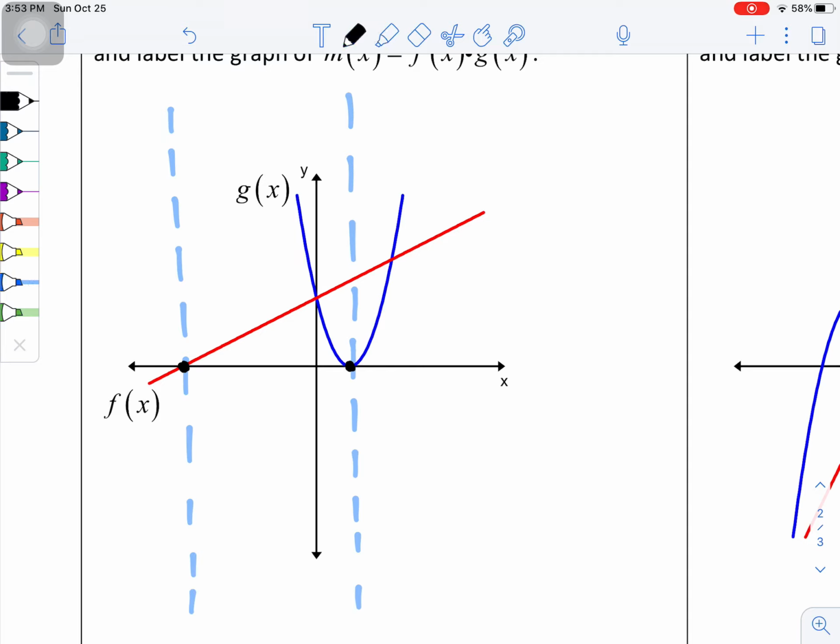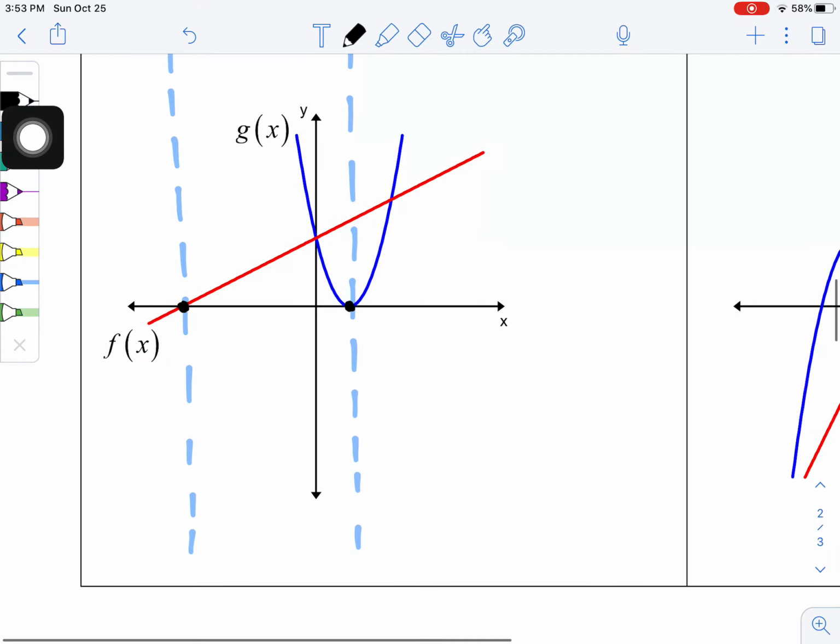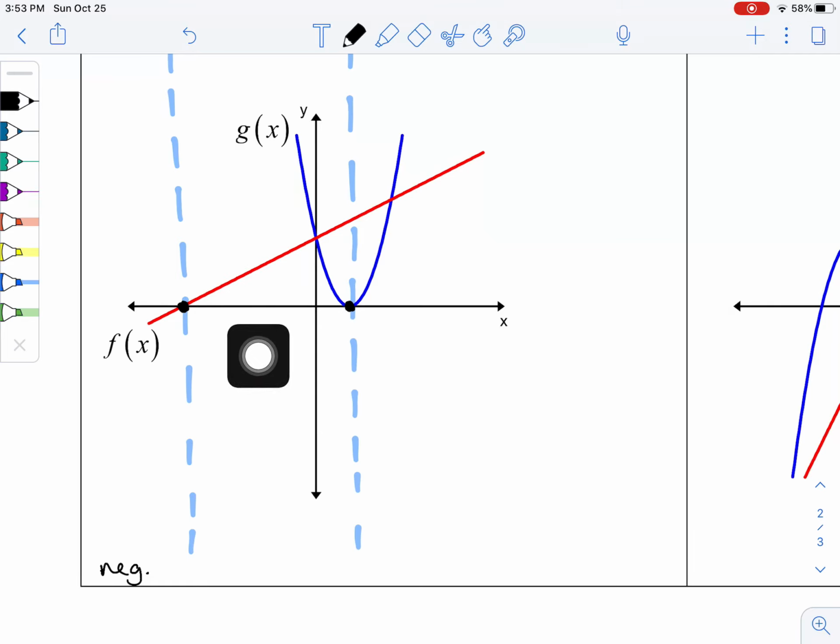Okay, so in this section of our graph, far, far left, f of x is below the x-axis, so it's negative. G of x is way up here, it's positive. So negative times a positive is a negative. All right, so I'm going to just mark that little section negative. Next little section right here, we've got positive for the line, and we have positive for the g of x function.